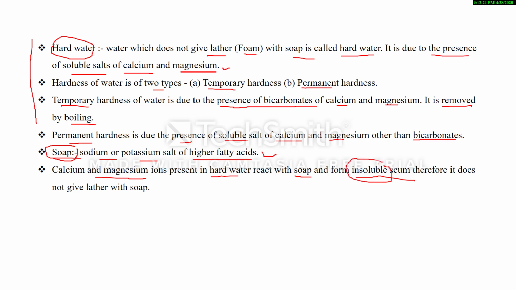That is, calcium and magnesium salts of higher fatty acids are insoluble in water and appear in the form of precipitate or scum. That's why we can say it does not give lather with soap. But this permanent hardness of water can be removed when this type of water is treated with washing soda.